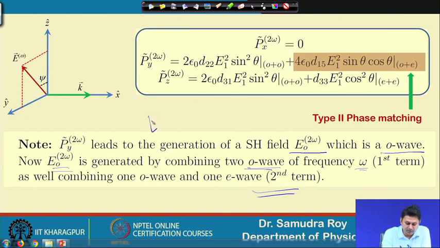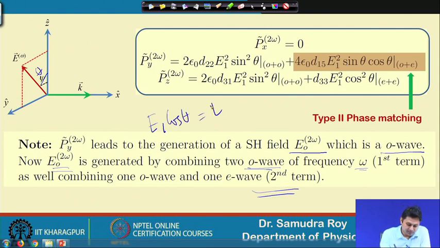So, first term was E 1. Again, this notation should be either theta or psi. So, there is a notational mismatch, but anyway. So, if this angle is theta, E 1 cos theta is along z direction.